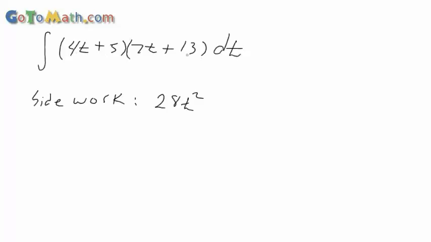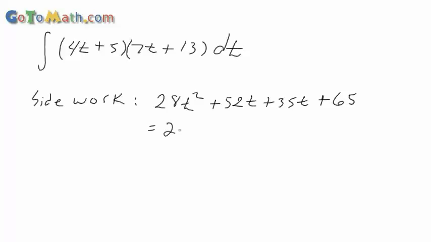We have 4t times 13, so that's going to be 52t, right? 4 times 13, I'm going to make sure, 52t, plus 35t, because we got 7t times 5, and then we got 5 times 13, and that's 65, is that right? I don't know. Yeah, 65. Okay, so we're having a little refresher course here on some intermediate algebra.